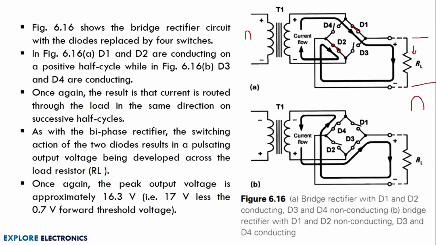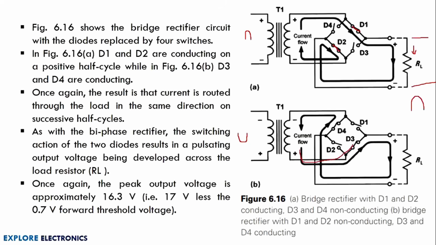When the negative half cycle of the input is applied, the current flow will be in the other direction. D1 and D2 become reverse biased and D3 and D4 become forward biased. So the current flow will be in this direction through this path through D3.